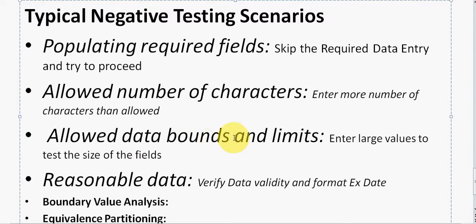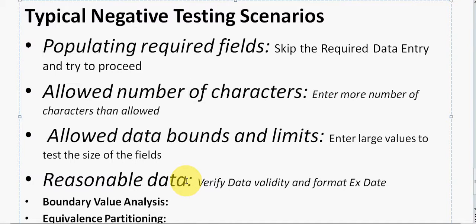Allowed data bounds and limits. So it allows certain values. You enter large values and go out of the limit and see if it works. Reasonable data. So you verify data validity and format. For example, date.